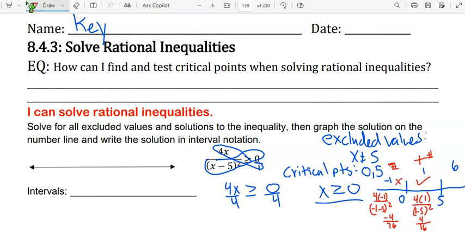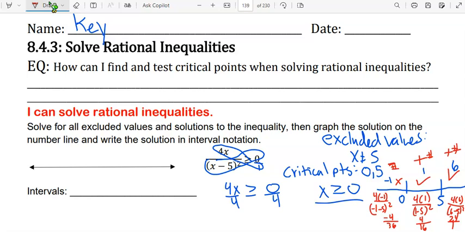Okay, and then let's plug in 6. 4 times 6 over (6 minus 5) squared. So that's going to be 24 over 1 squared. That's just 1. That's a positive number as well. So that works.